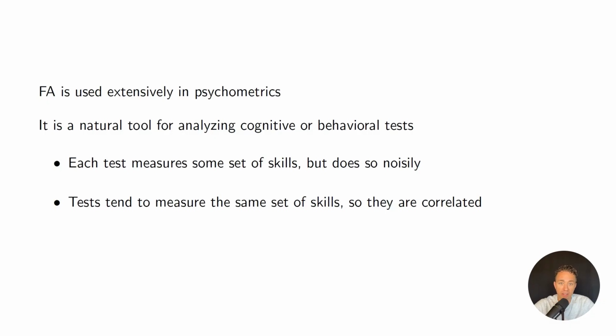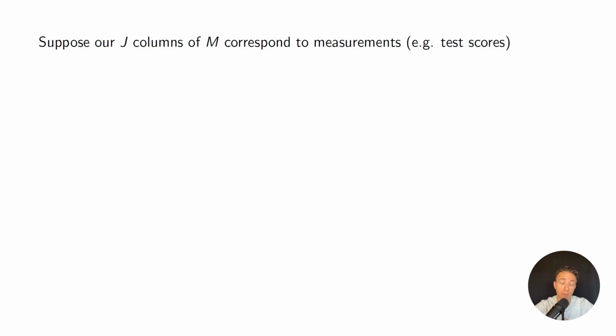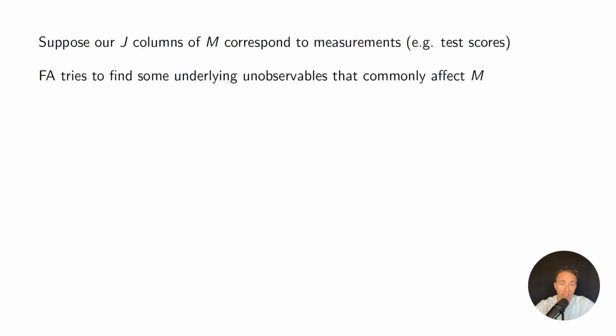So let's go back to our notation from the prior video on PCA, where we have a matrix M of measurements, and there's J of these. Let's just pretend that they're test scores from some group of tests that you've taken or that the people in your data have taken. Factor analysis is going to try to find some underlying set of unobservables that commonly affect these measurements.